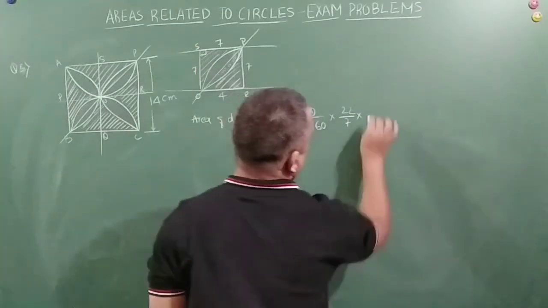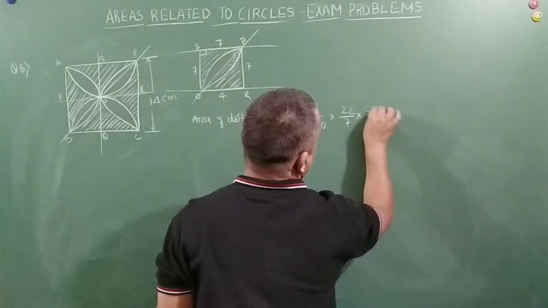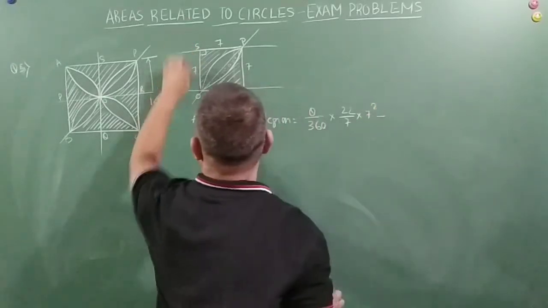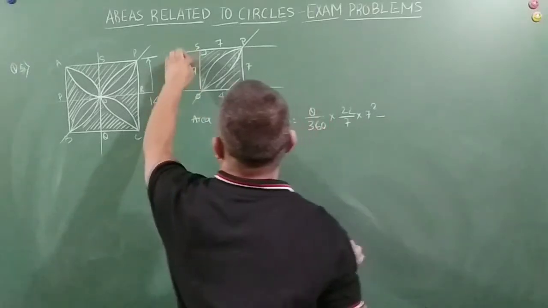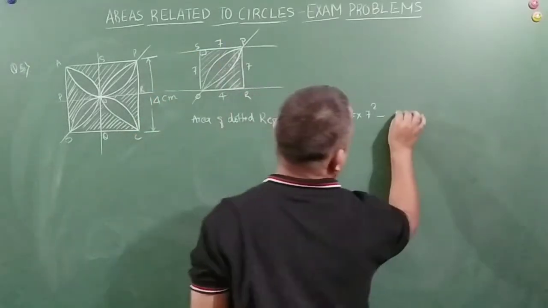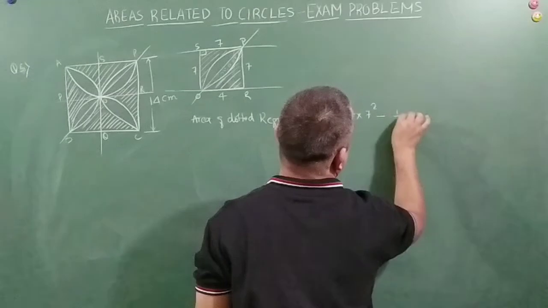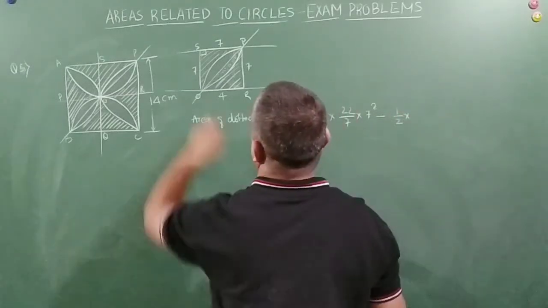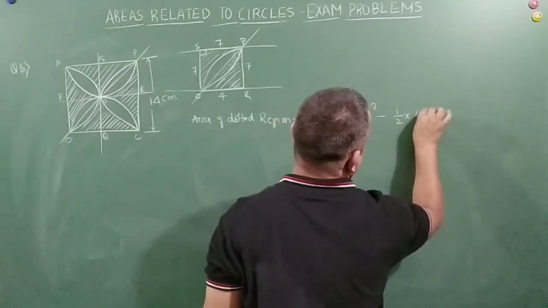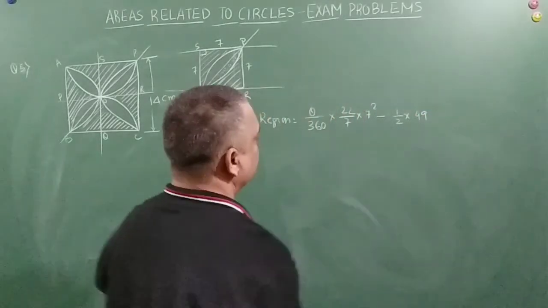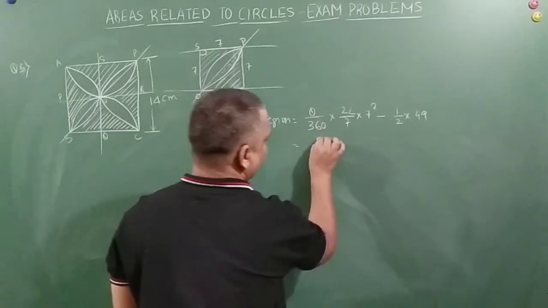R is nothing but 7 square, minus the area of this triangle, right? So that will be how much? SOP. The area of the triangle will be half into base into height, that is 7 into 7, right friends? That is equal to 49. Correct. Now let's try to simplify this.